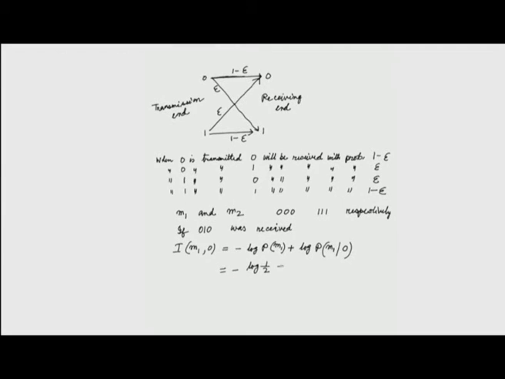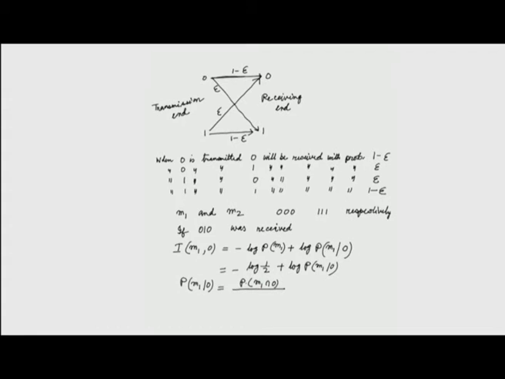Now, what about this conditional probability? This we have to find. So, probability that M1 given 0, and this we know it is probability that M1 intersection 0, both these events will occur.